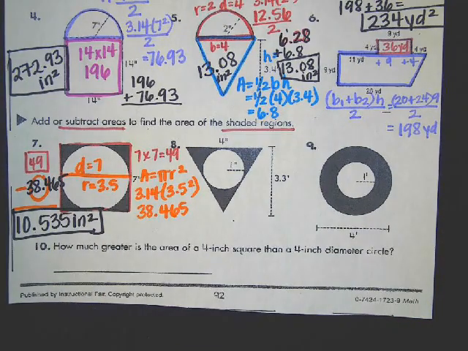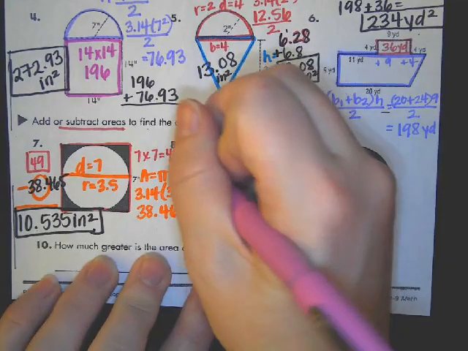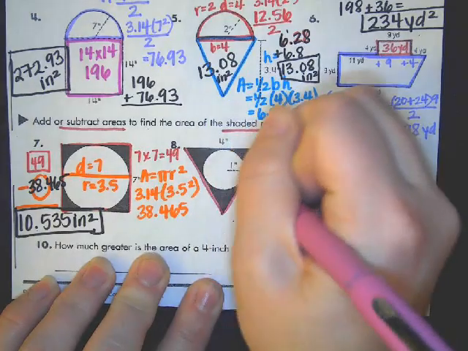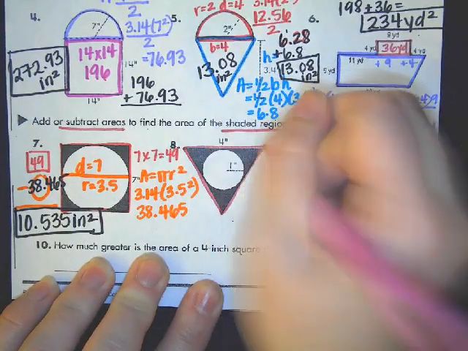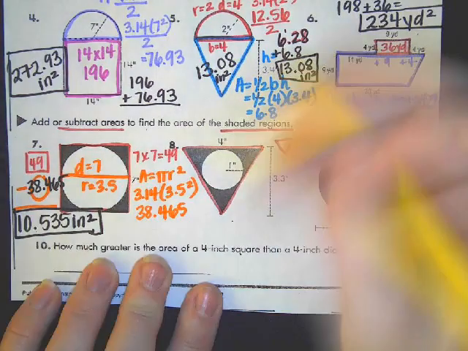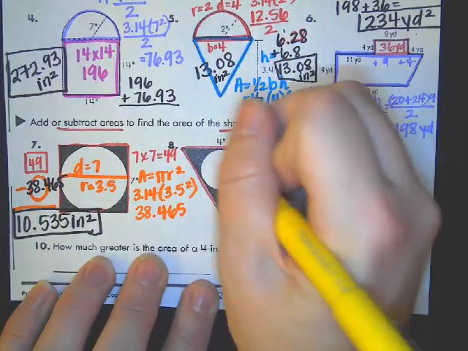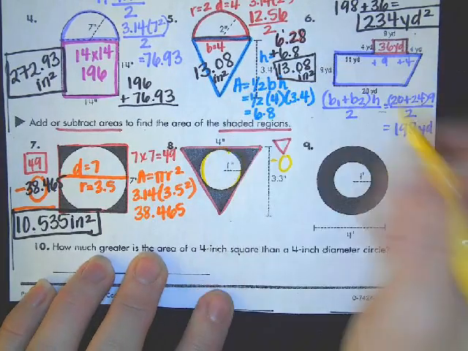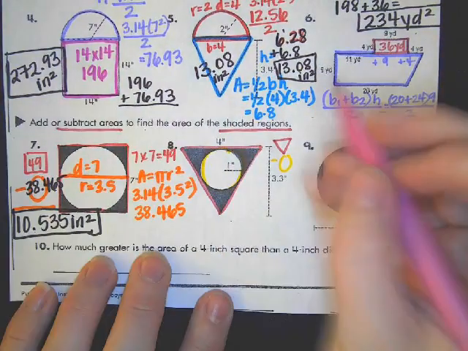Now let's take a look at number 8. Looking at 8, again, I see two shapes. I want to figure out what is the area that is shaded. And in order to do that, I'm going to have a triangle, and I need to subtract the circle. The circle value is taking up room in the shaded area.